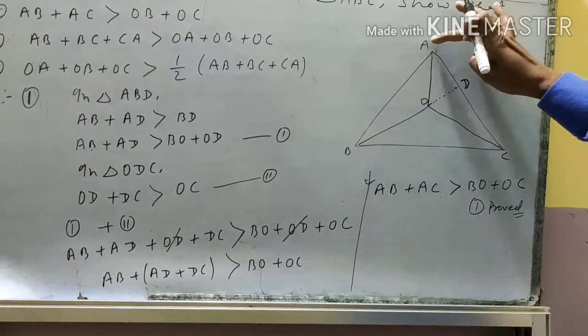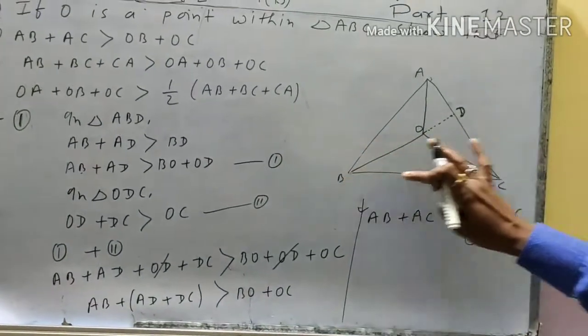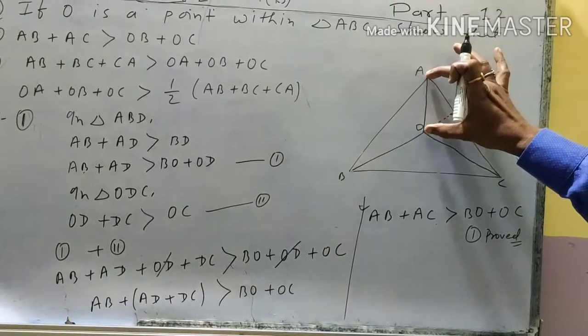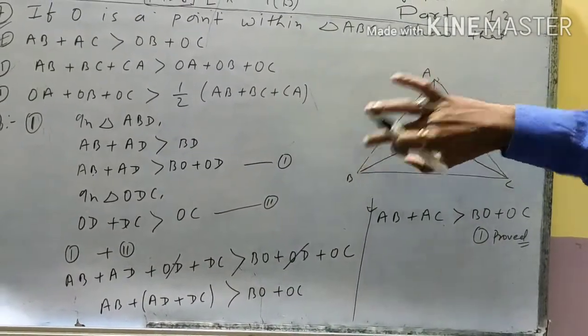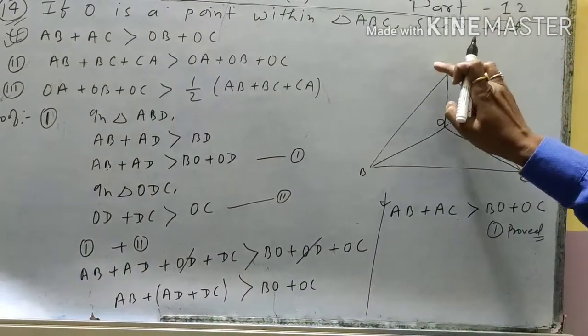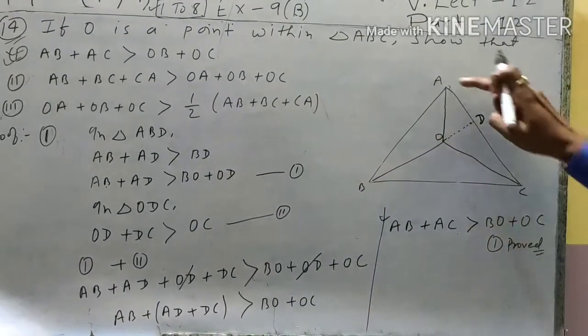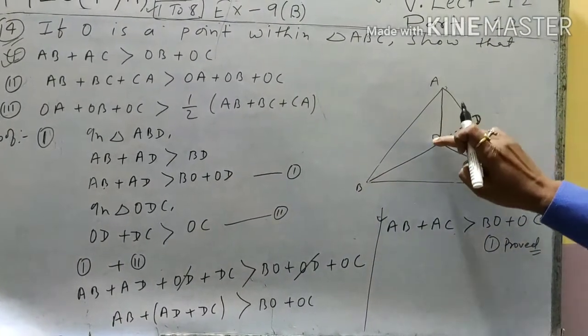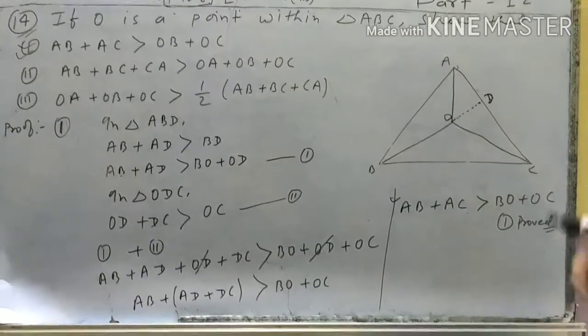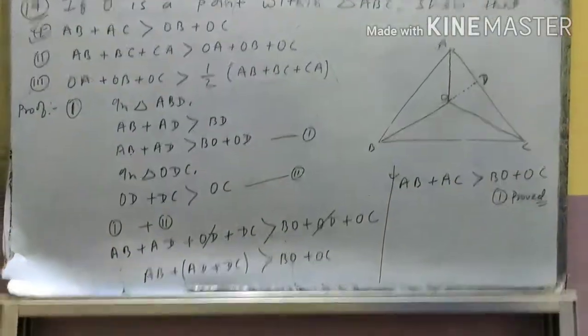If suppose AC plus BC is greater than OA plus OB, second case, and the third case is AB plus BC is greater than AO plus OC. Okay student, I will explain later.